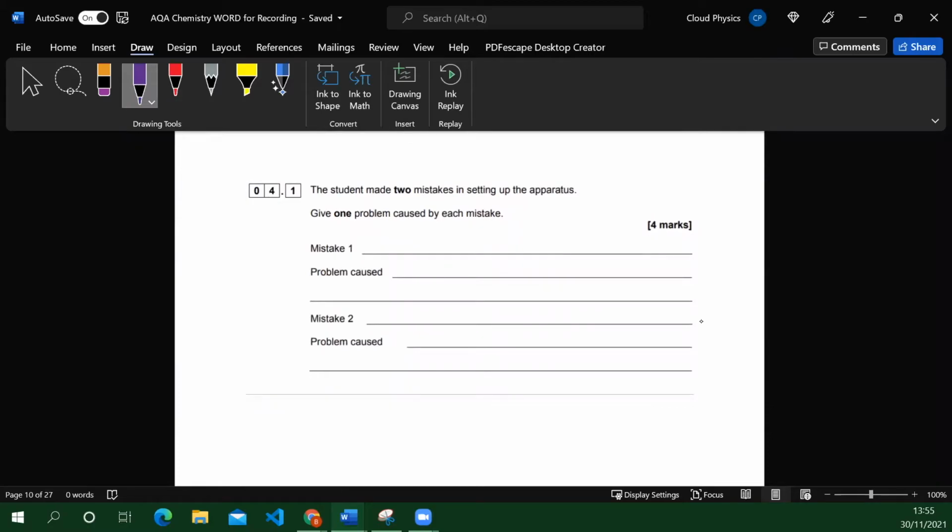So mistake 1. The start line is drawn in ink. Problem caused: the ink would run in solvent.